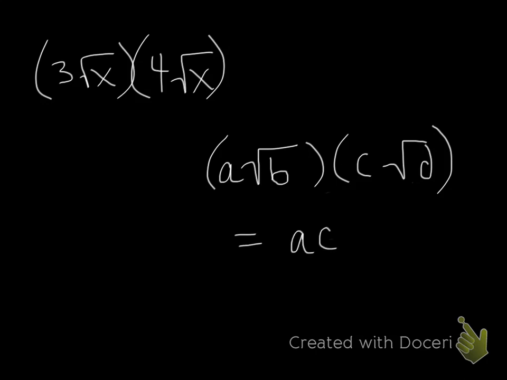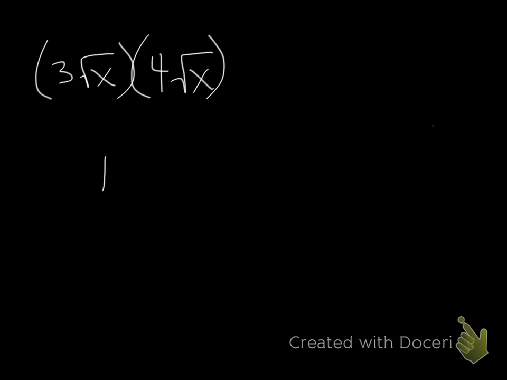When you perform the operation, that's how it's supposed to look. So for our example, 3 by 4 makes a 12, x by x makes an x squared, square root and squares cancel, following is the result.